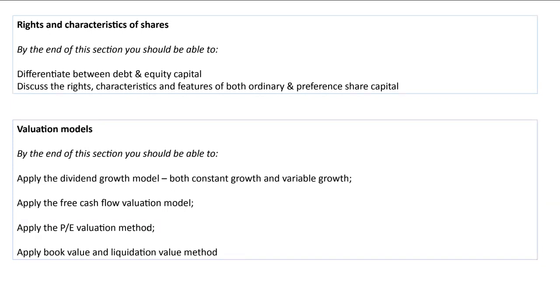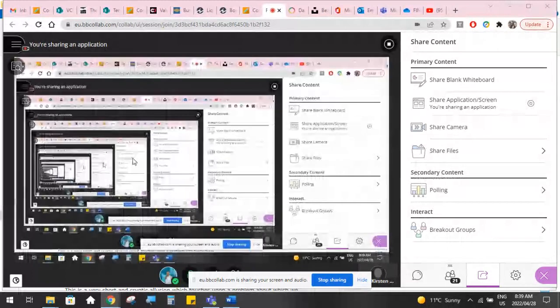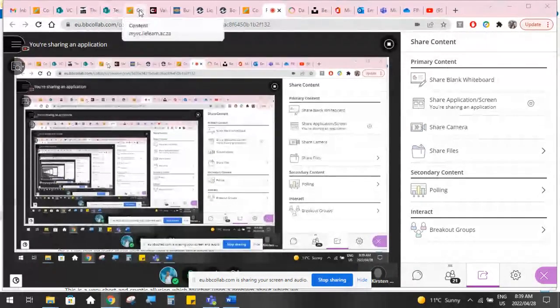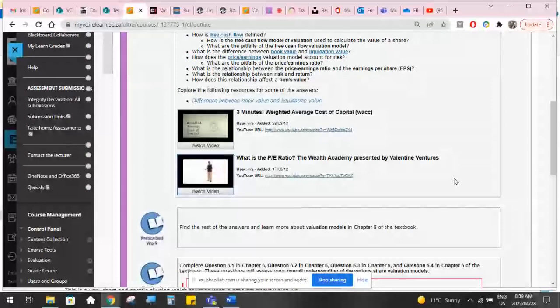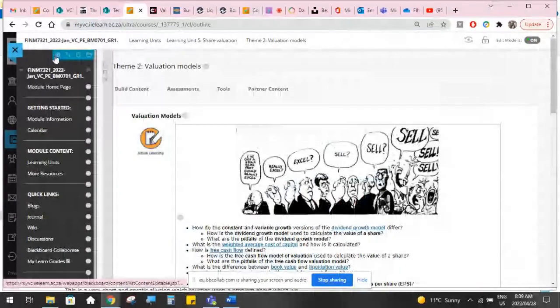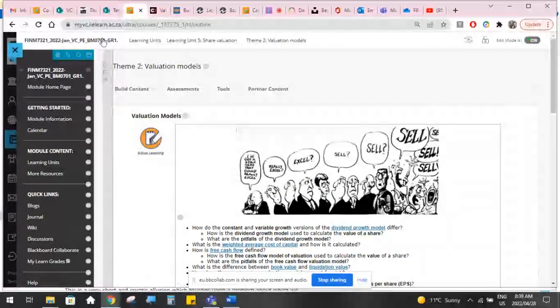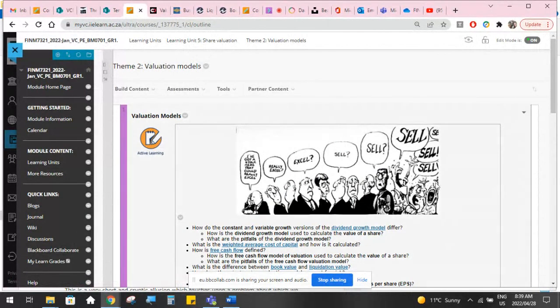I just want to show you, just a second, let me just go back here. I'm going to share my screen for a second and just show you where you can find some other information on that. So if you guys go to Learn, so this is your LU5 theme 2 valuation models in Learn.